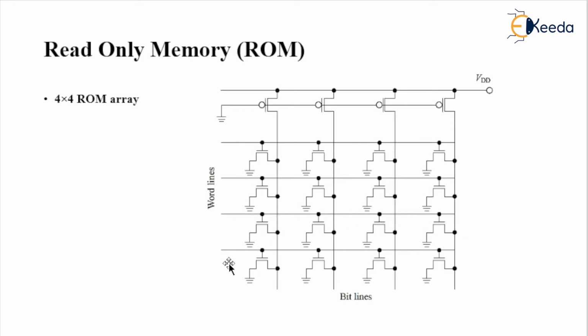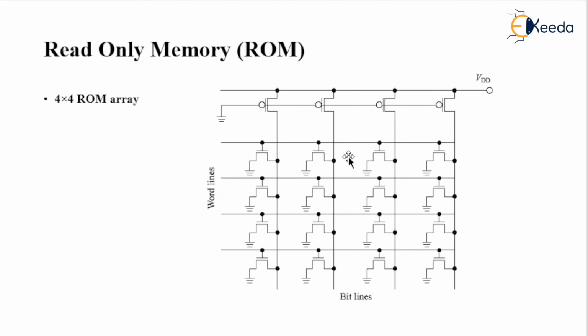So when the word lines are high, the NMOS will be turned on. Absolutely right. Why? Because when the word lines are high, definitely logic 1 is applied to all the gates of these NMOS transistors.